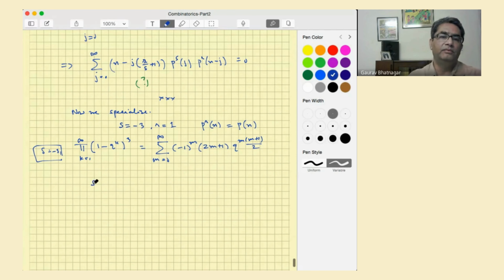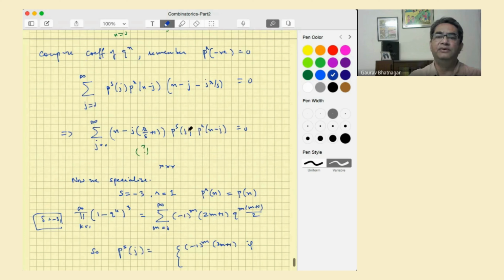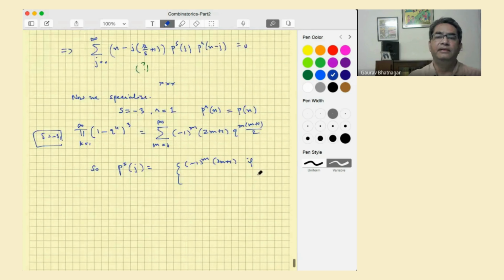So what is PSJ? PSJ is minus 1 raised to m, 2m plus 1, if j is equal to m into m plus 1 over 2, and 0 otherwise.